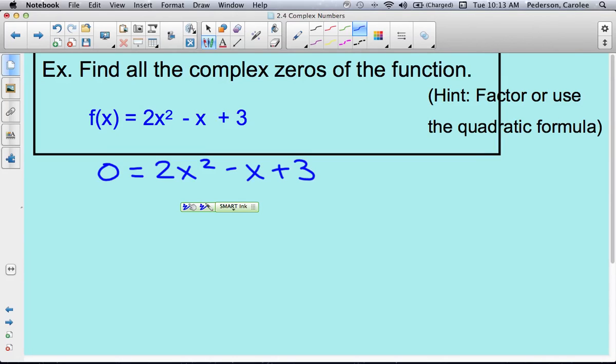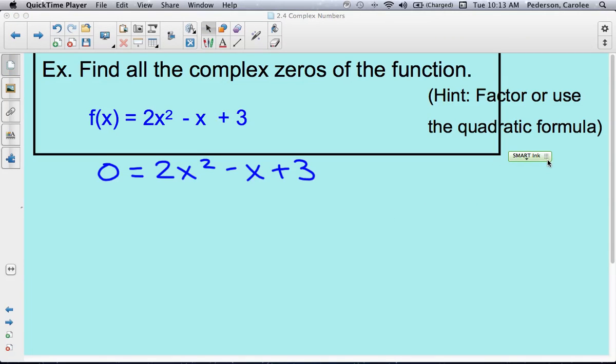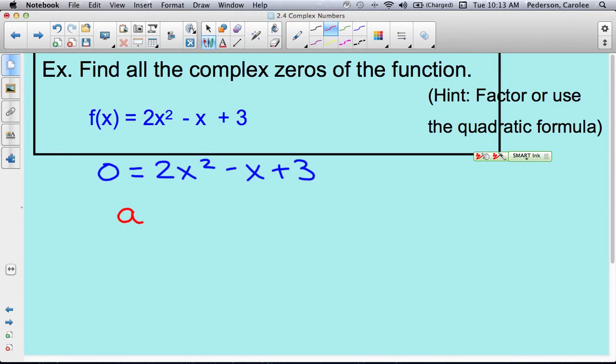I'm going to go ahead and use the quadratic formula. So in the quadratic formula, identify your a, b, and c. Hopefully at this point you guys are rock stars at doing the quadratic formula, and you have that memorized.